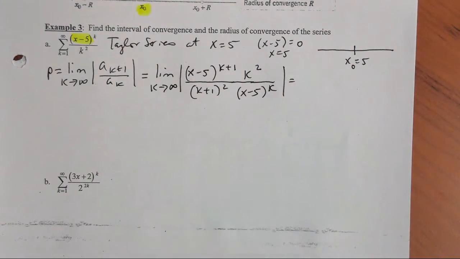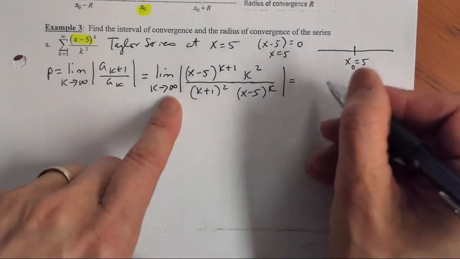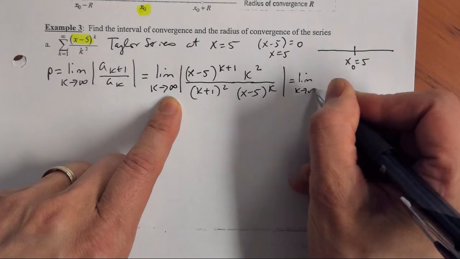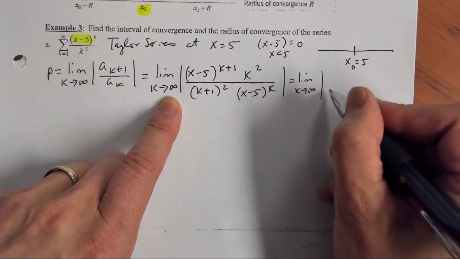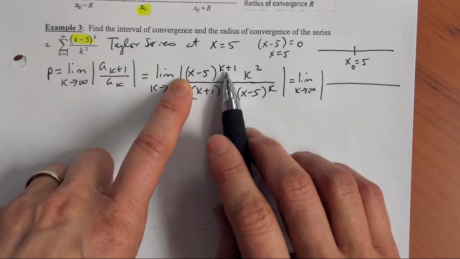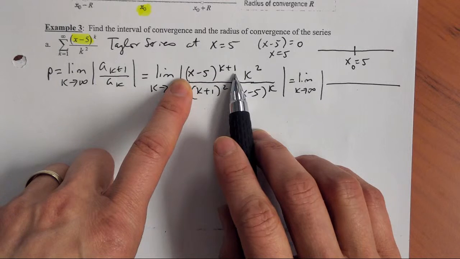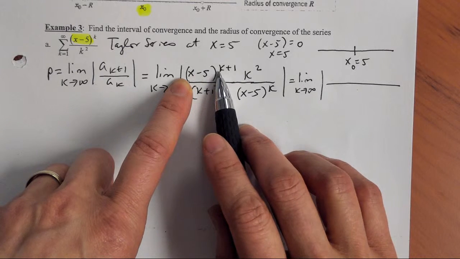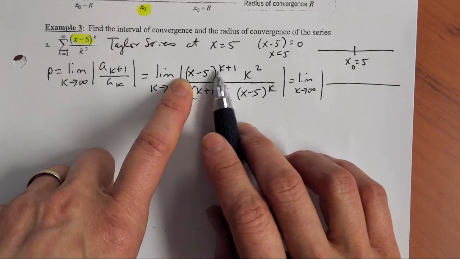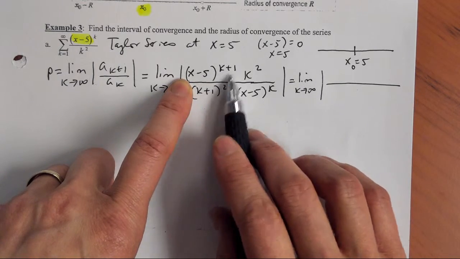I think I have a lot of work to do on this, so I'm going to try to squeeze this next line in here. So it's the limit as k approaches infinity, and now I need to rewrite all of this. How can you rewrite this x minus 5 raised to the k plus 1? So it's just like having a base of anything. It's this to the k power, and then this raised to the first power.